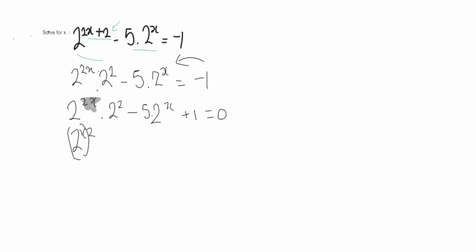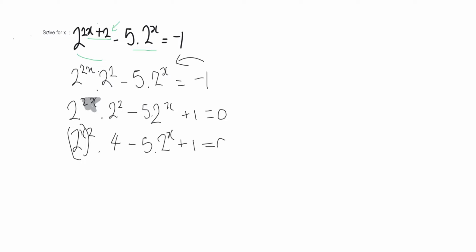Because this is one and the same thing. Then multiply by 2 to the power of 2, which is the same as 4, and then subtract 5 multiplied by 2 to the power of x, plus 1. This is going to give you 0.